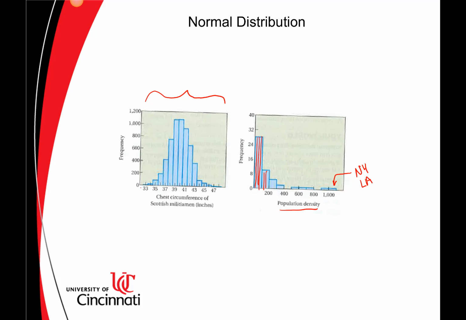This would be a data set that is skewed right or skewed left? Which way did it get pulled? To the right, so it's skewed right. If you were asked on something like this, where the mode is, where's the mode?